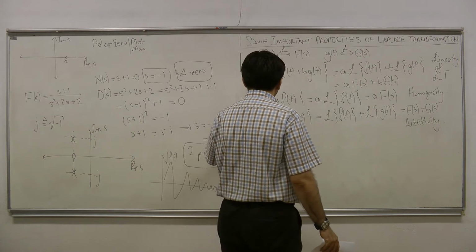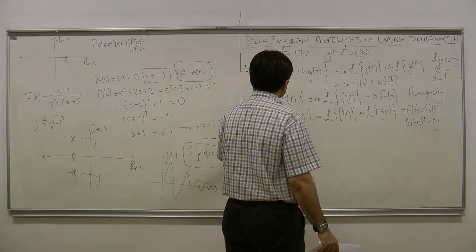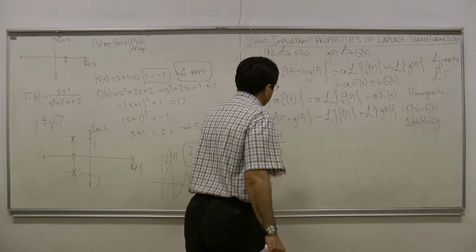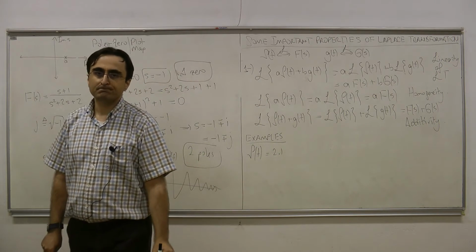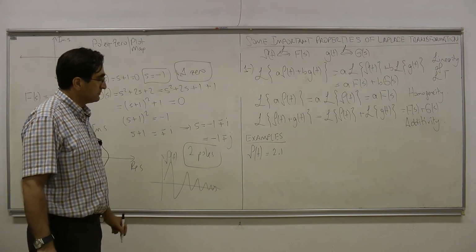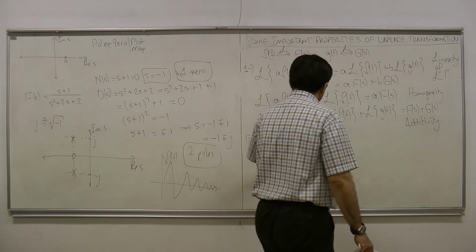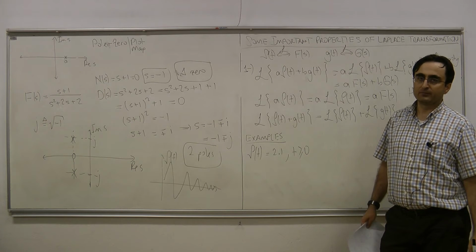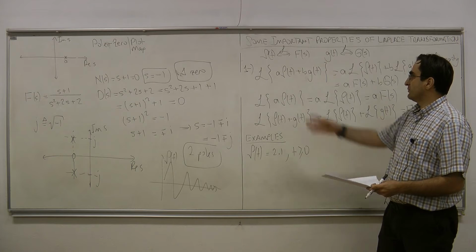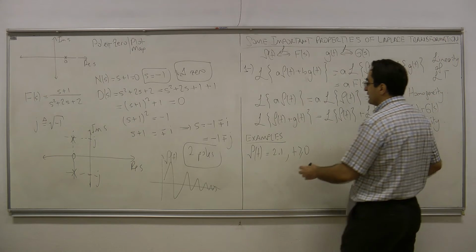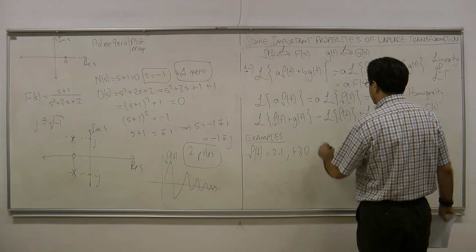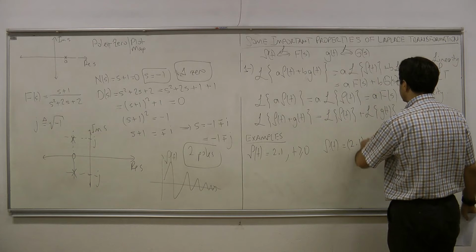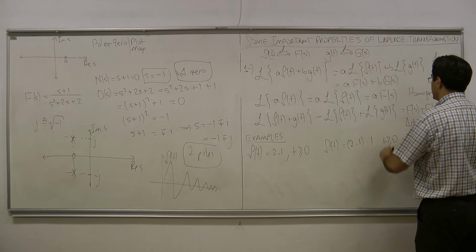So let us look at examples. Suppose that f of t is equal to 2.1, a constant, true for non-negative t values. What is the Laplace transformation of this? It should be very easy by using linearity, because in this case f of t is nothing but 2.1, a constant, times 1 for t larger than or equal to 0.